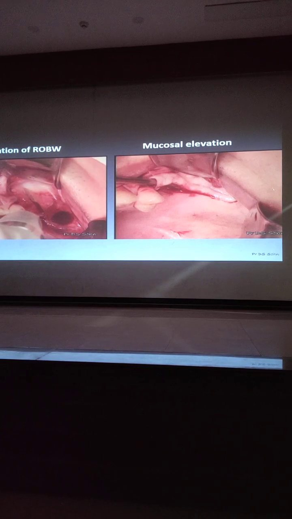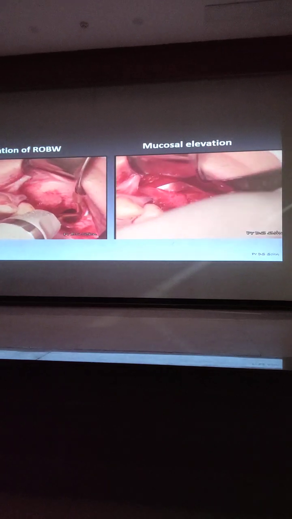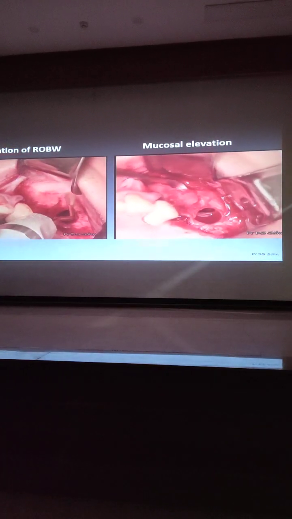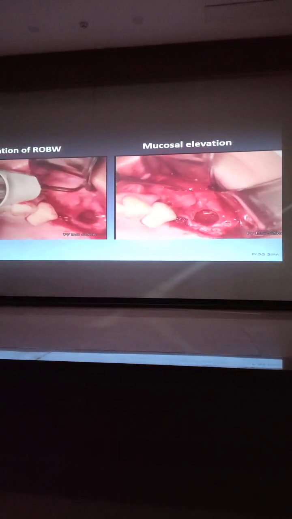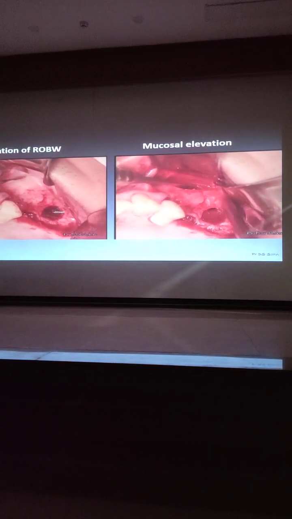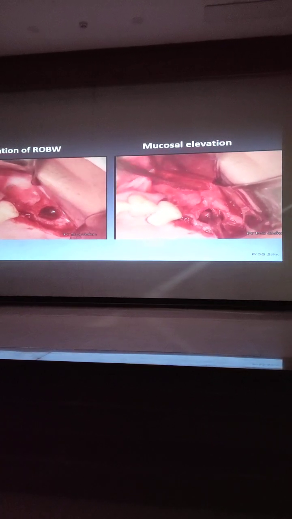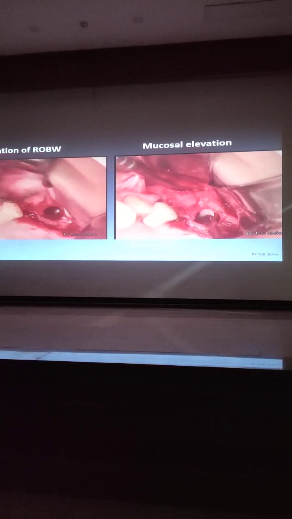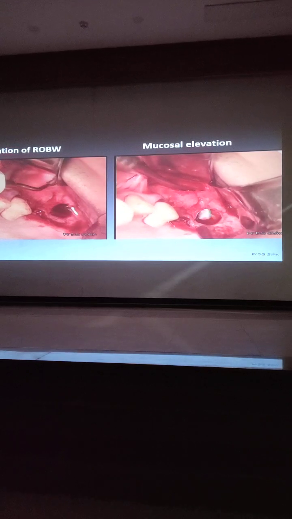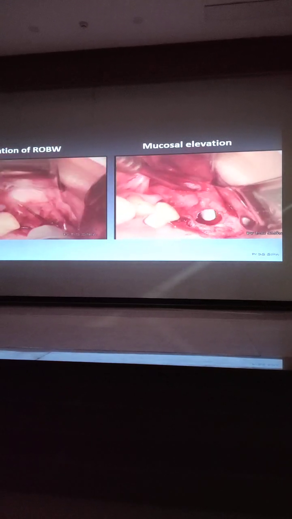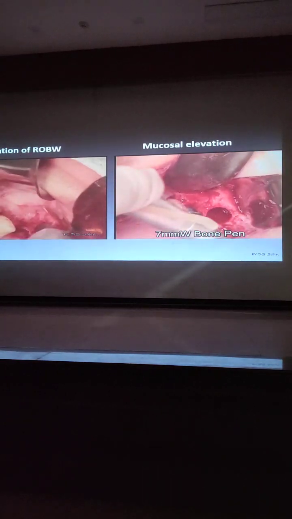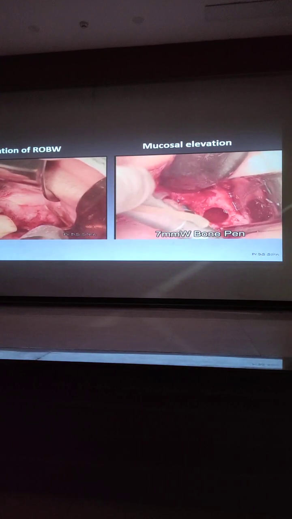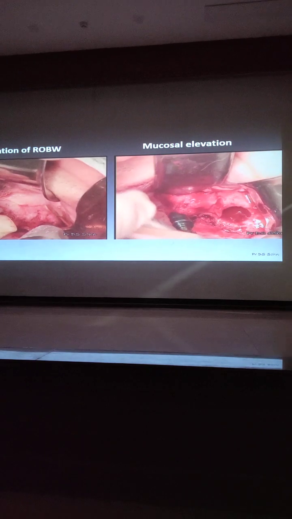The window was prepared with physiology. After preparing the window, the sinus mucosa was elevated through the lateral window and the crest, and through the bony communication. Make sure to expose the medial wall of the sinus cavity in order to get maximum blood supply from the sinus wall.